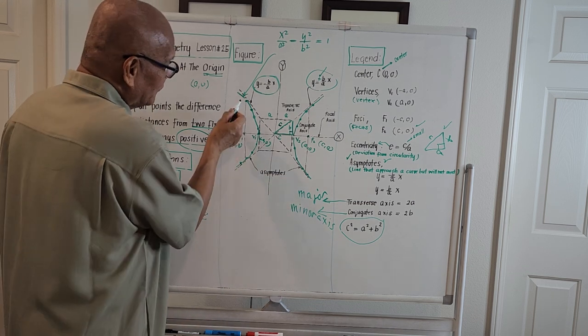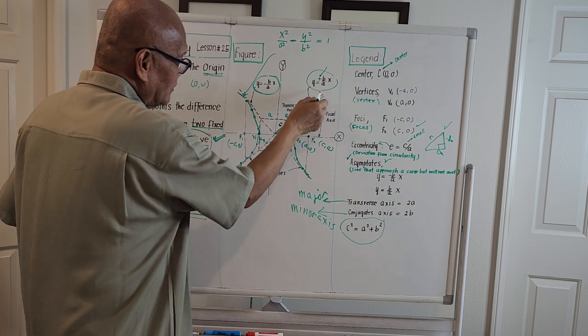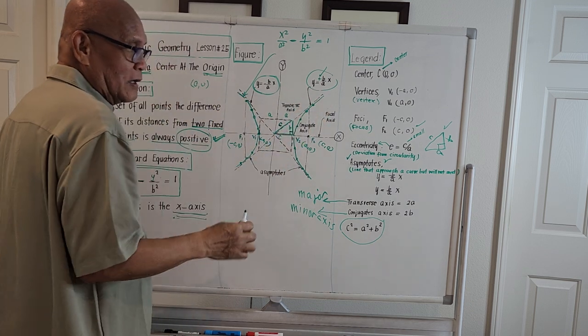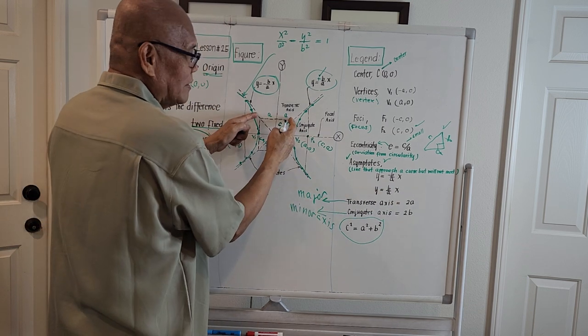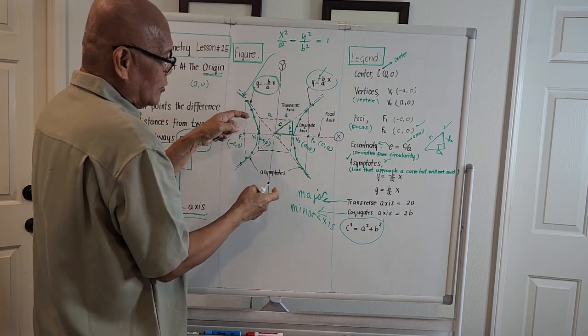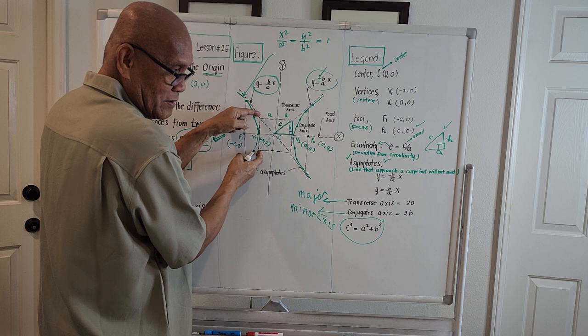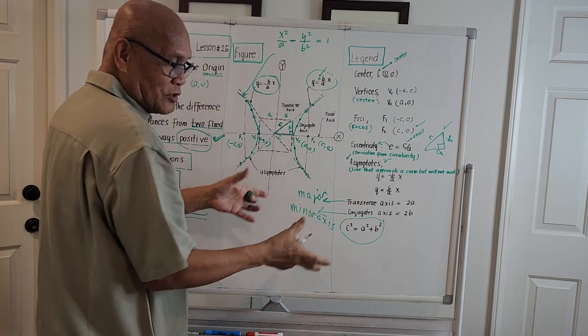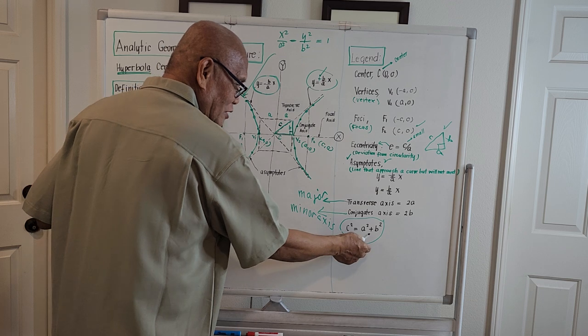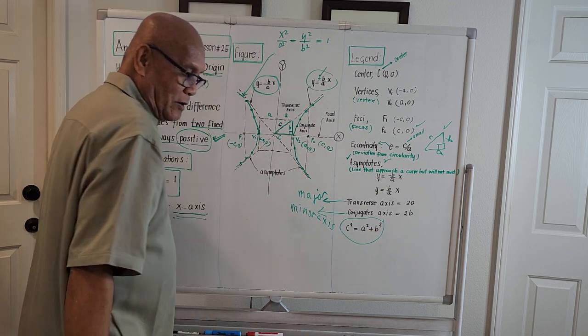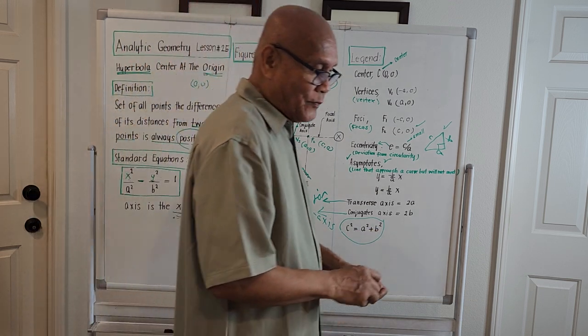That's asymptote. So this is the first asymptote, this is the second asymptote. The length of the transverse axis will be 2a, and the length of the conjugate axis will be 2b. And the relation of a, b, c is c squared equal to the sum of a squared plus b squared. Okay, that's it, guys.